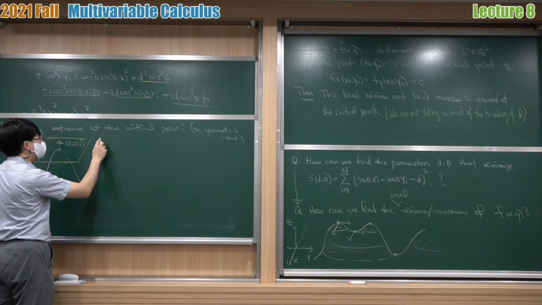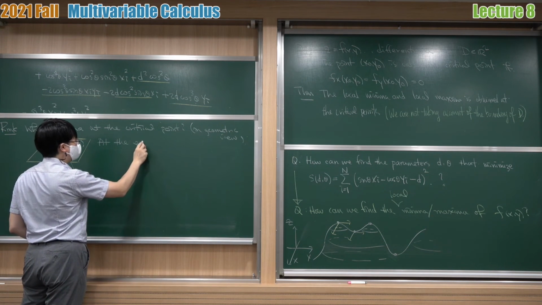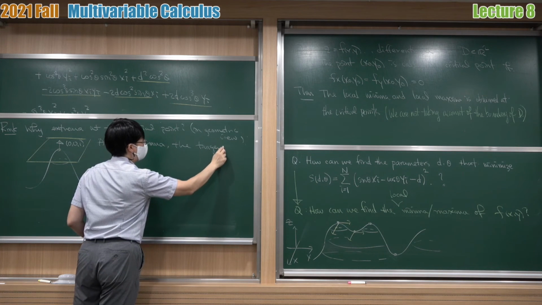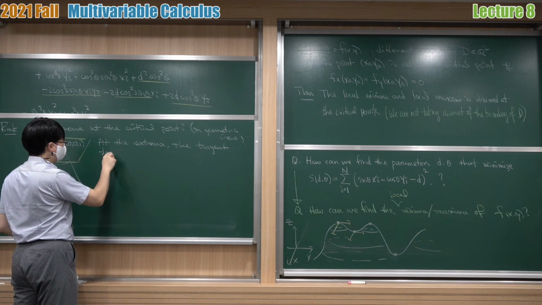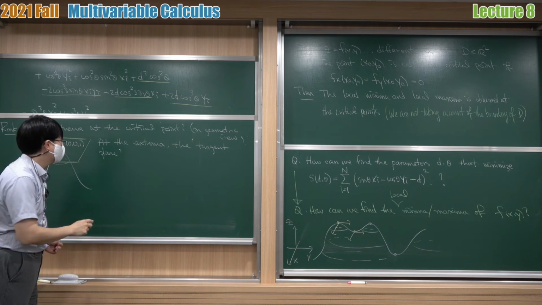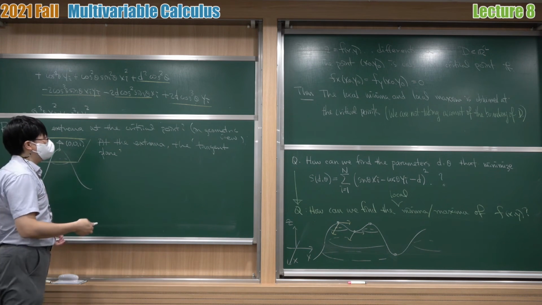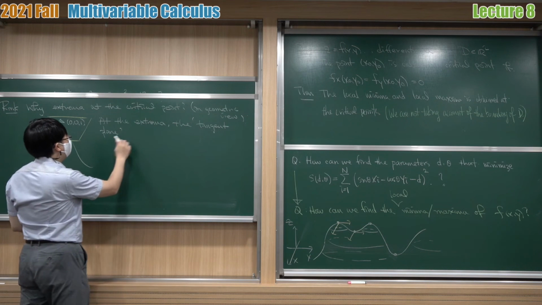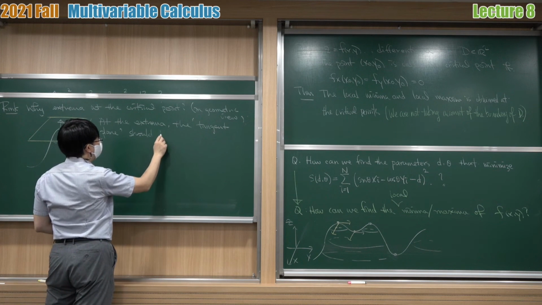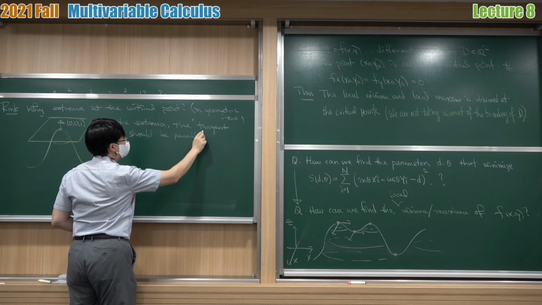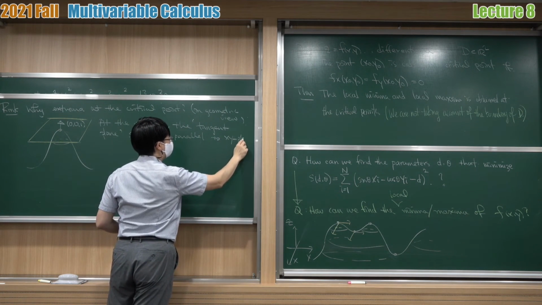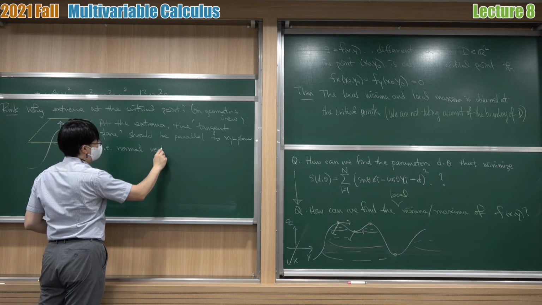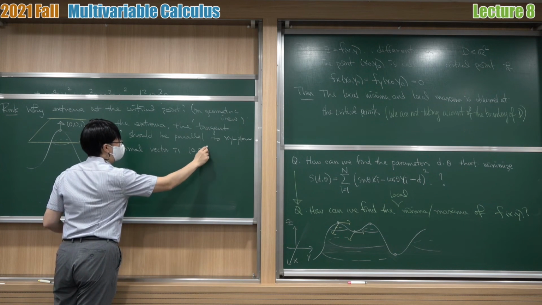At the extremum, the tangent plane should be parallel to the xy plane. I haven't defined what a tangent plane is yet, but intuitively, it's the plane that barely touches the graph of the function. That is, the normal vector is 0, 0, 1.